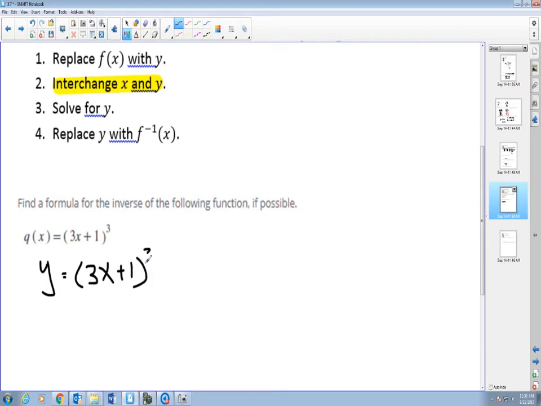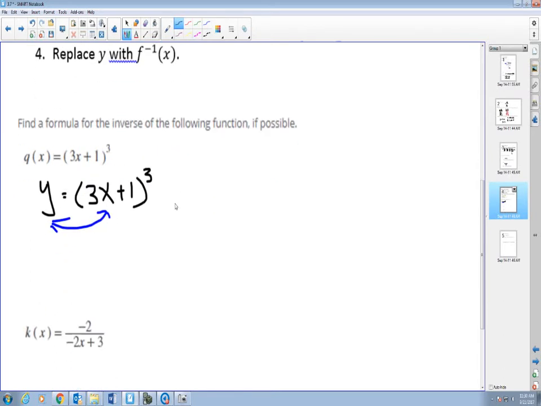Then step number 2, interchange between the x and the y variable. So that means I should have x equals 3y plus 1, whole thing to the third power.